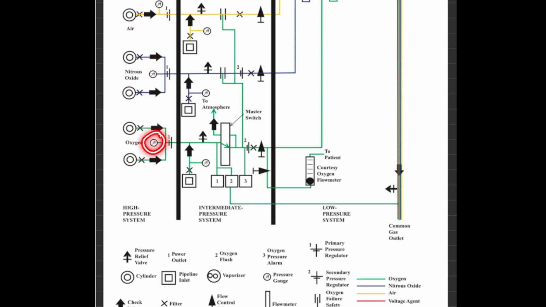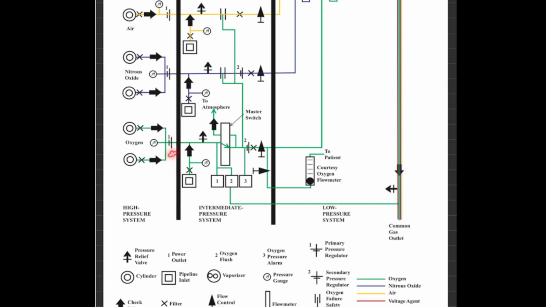Then we have pressure gauges on each cylinder to measure the pressure, and we have the primary pressure regulator. We have a secondary pressure regulator as well, but in the high pressure system we have primary pressure regulators, which convert the high and variable pressure from the cylinder to a lower, more constant pressure. So all this comes under the high pressure system.